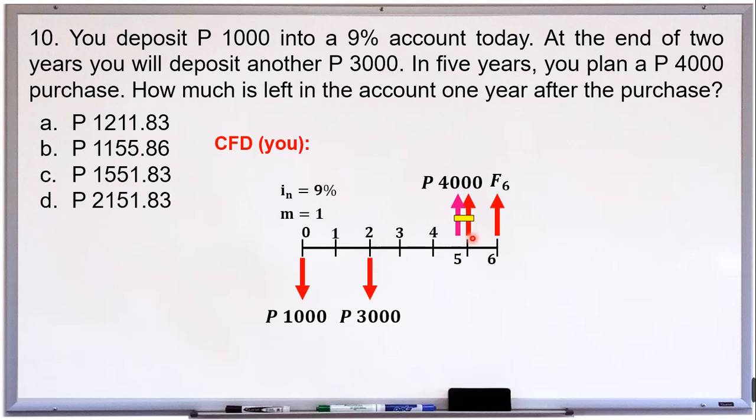And since you withdraw 4,000, the future worth of your P2 you're going to deduct by 4,000. After the deduction, you have a net future worth on year 5. And then we're going to translate this into its equivalent present worth for this year. So again, we're going to use this one to solve for the future worth on year 6.